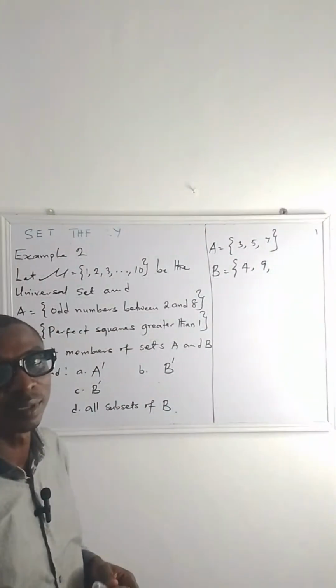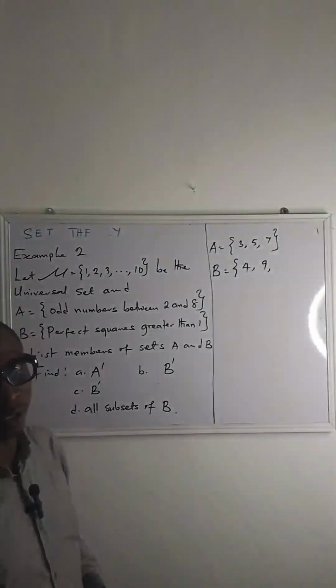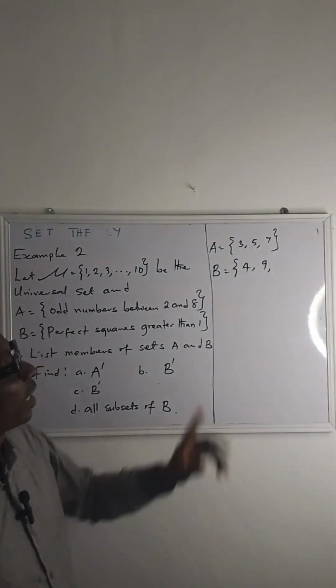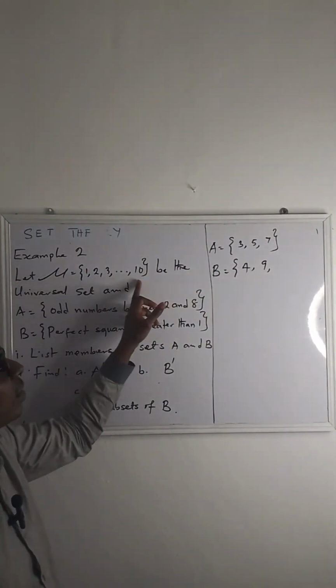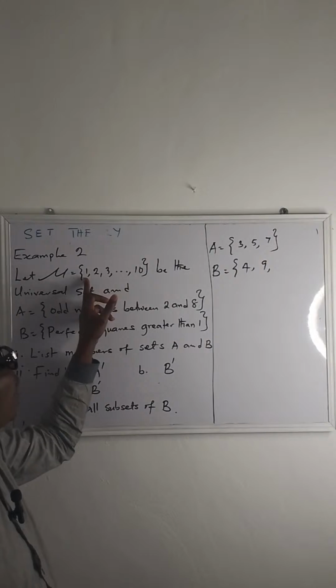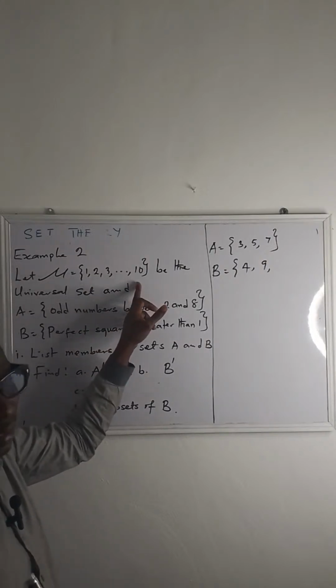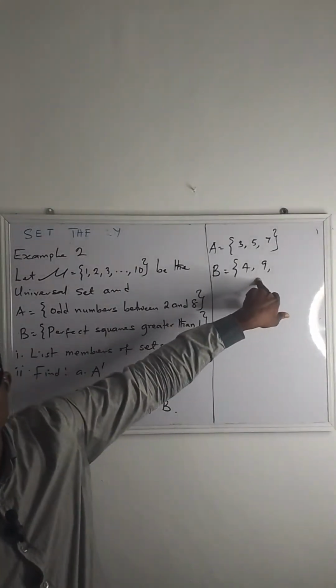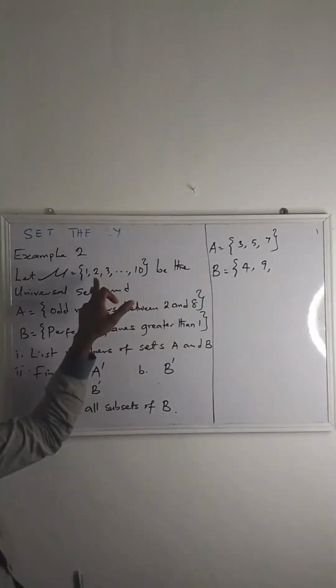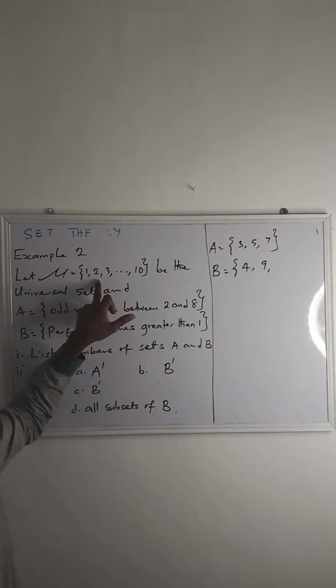The next one is what? So we have 16. But if you look at it now, you cannot list 16. You know why? Because the universal set is between 1 and 10. And just like I said earlier, you cannot be a member of set B and not be in the universal set. It's not possible.